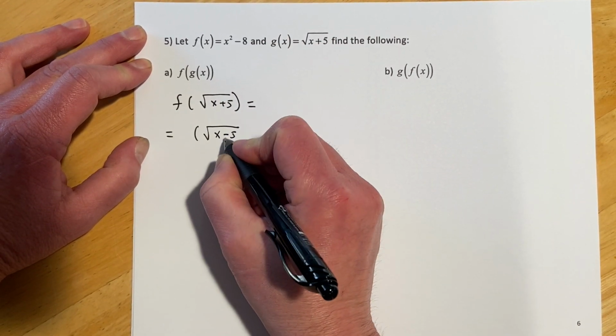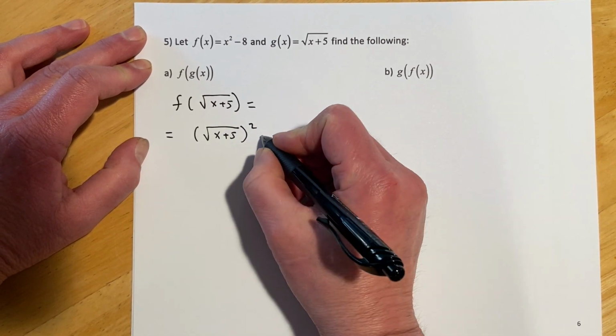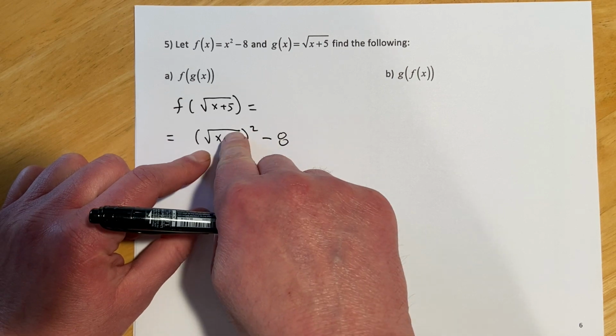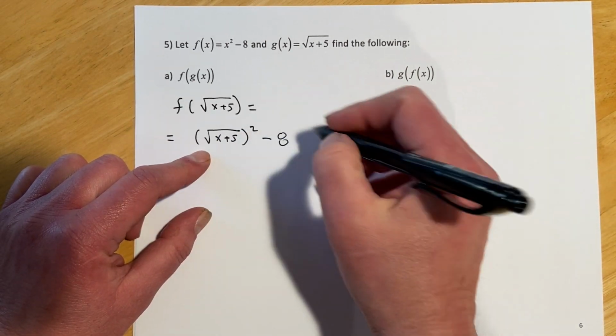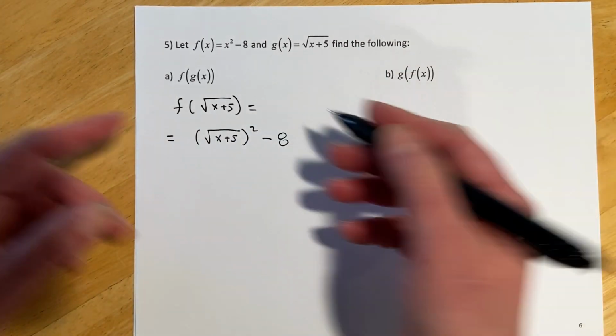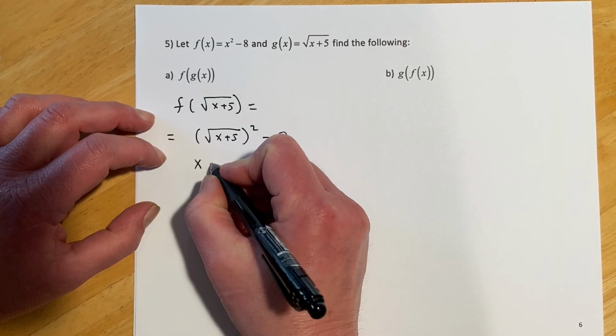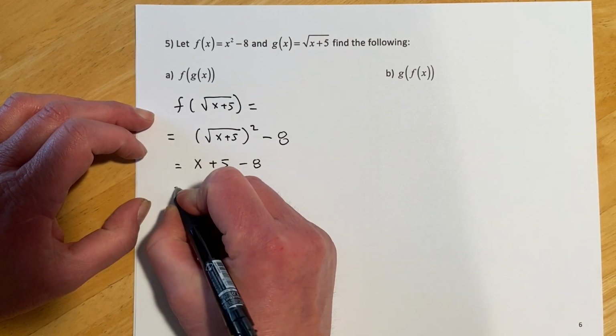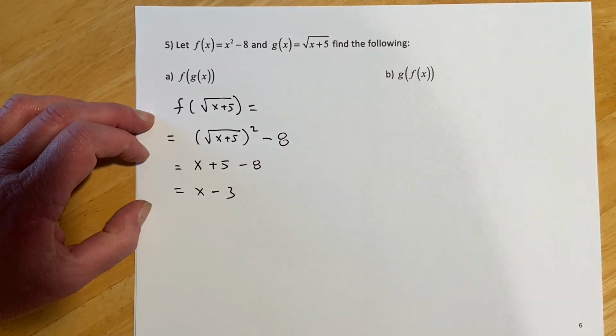Root x plus 5, squared, and then minus 8. And then here, the square is just going to undo the root, because if you have something square root squared, they just undo each other. And so x plus 5 minus 8, and then combining my terms, x minus 3.